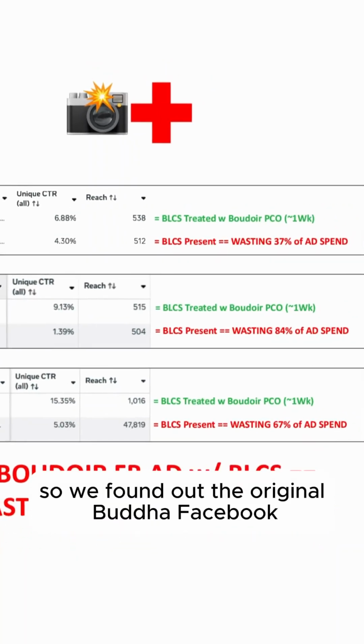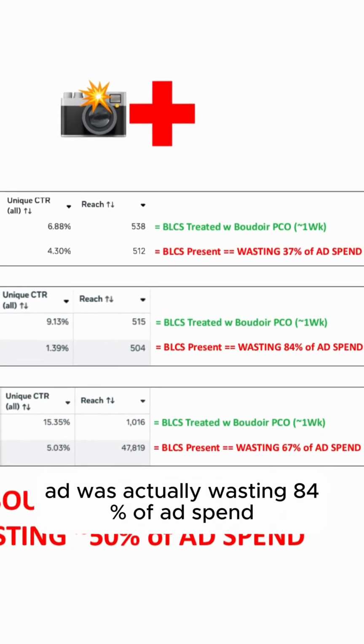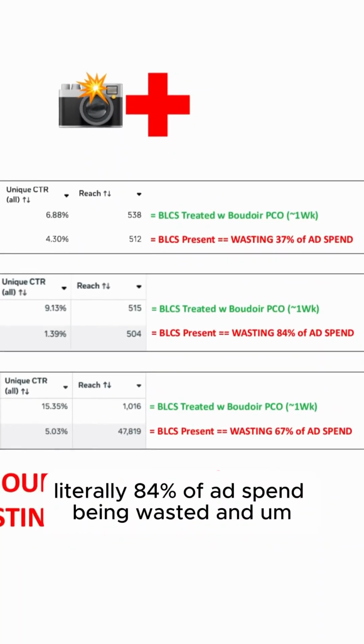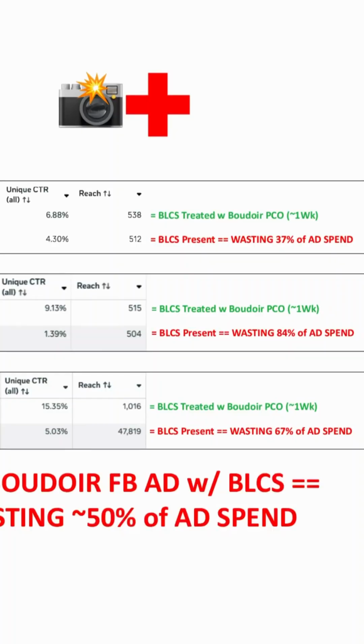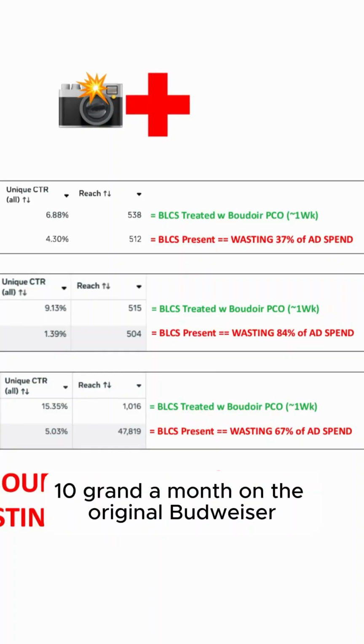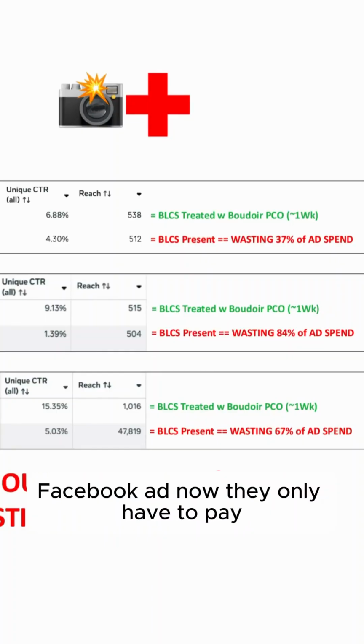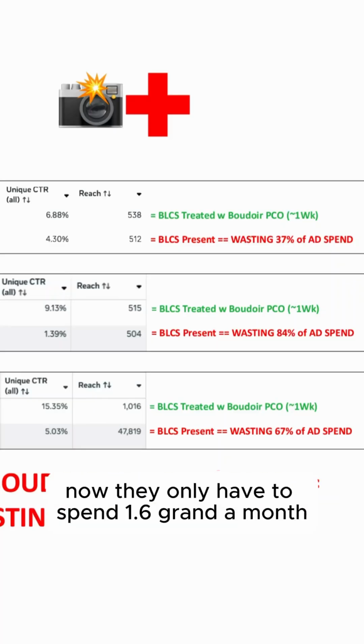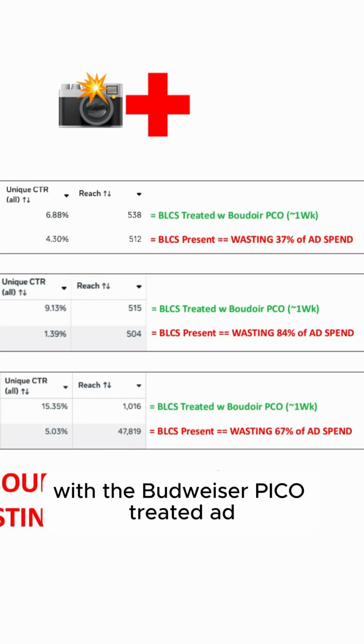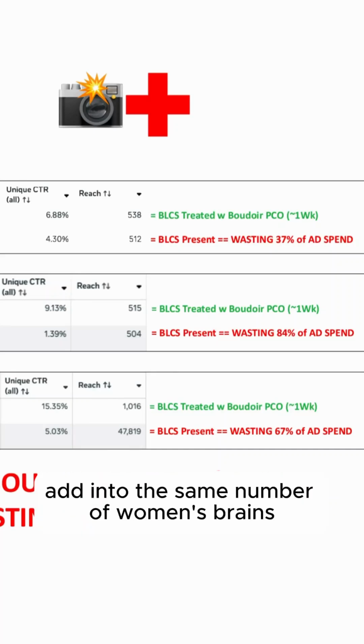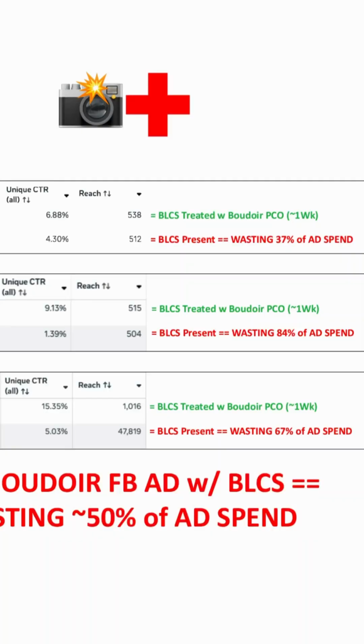So we found out the original Boudoir Facebook ad was actually wasting 84% of ad spend, literally 84% of ad spend being wasted. That means if they're paying 10 grand a month on the original Boudoir Facebook ad, now they only have to spend 1.6 grand a month with the Boudoir Pico treated ad to get their ad into the same number of women's brains.